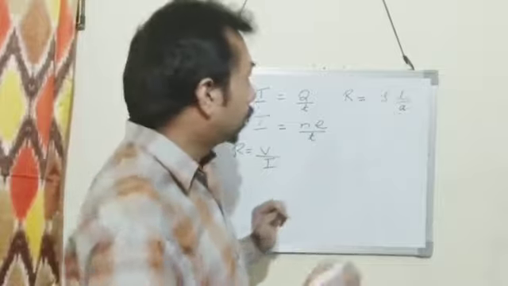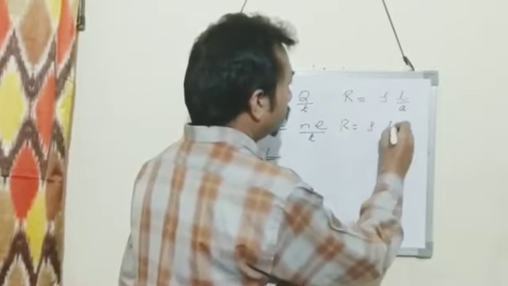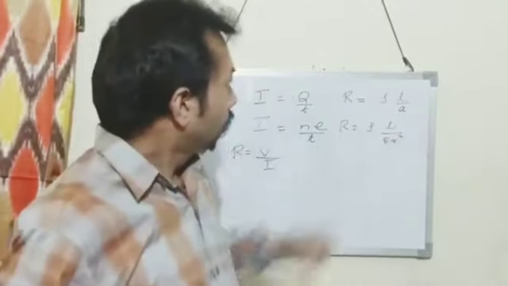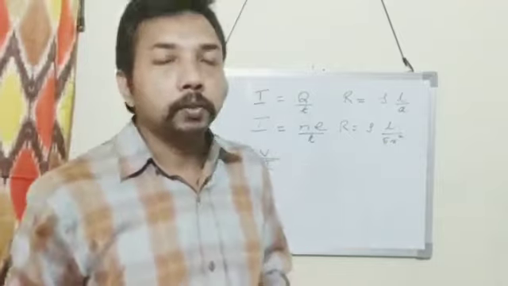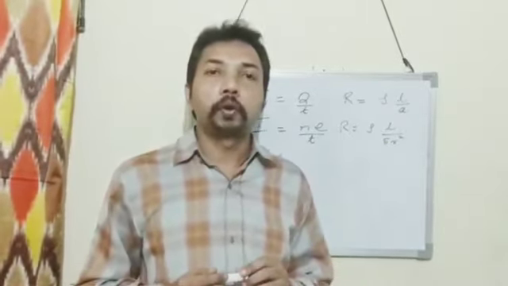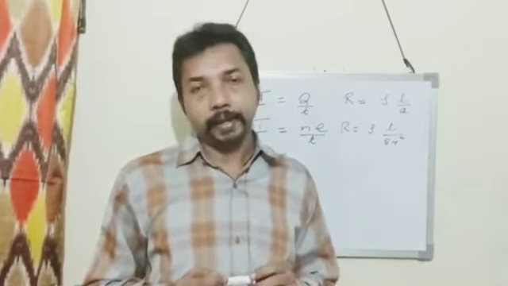In that case, we can write the formula of R as specific resistance into L upon pi r square. So these are the formulas which we use to solve the numericals of 8th A.